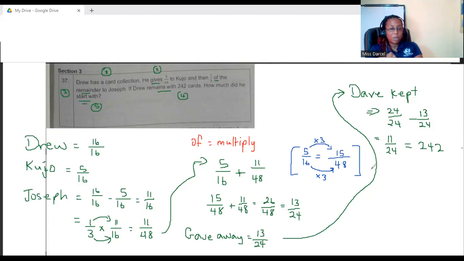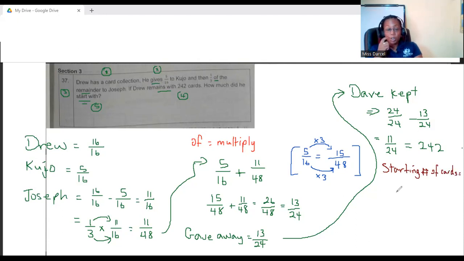All right, so we are now on part 5 of the question, right? How much did he start with? So I'm going to use a different color, this reddish color here. So starting number, I'm going to use a symbol of cards equals.